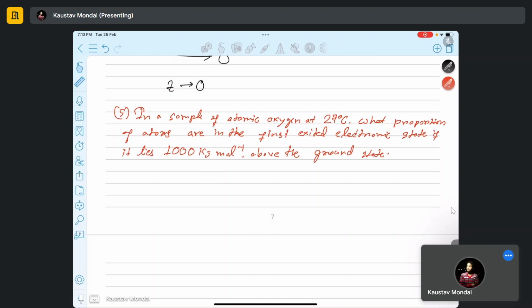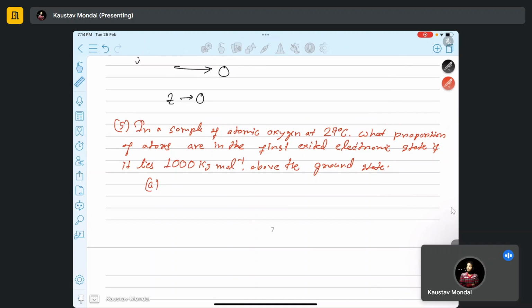So this is the first problem. The options are: option A is 0, option B is 10 to the power 400.93, option C is 10 to the power minus 174.09, option D is e to the power minus 174.09.